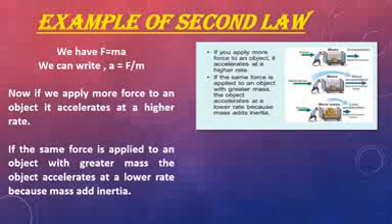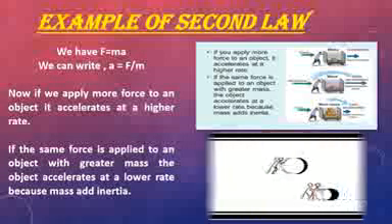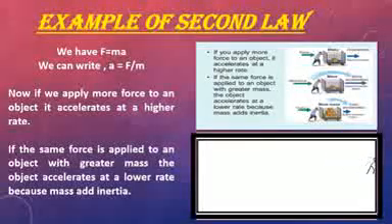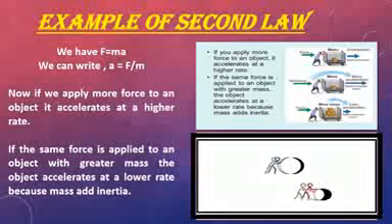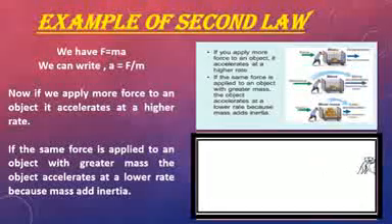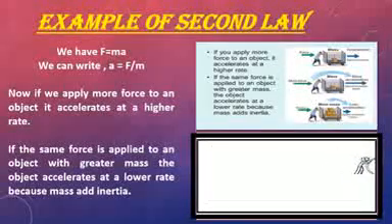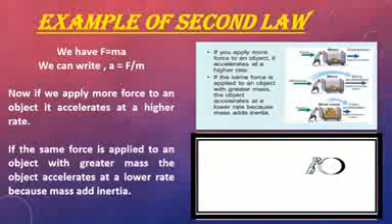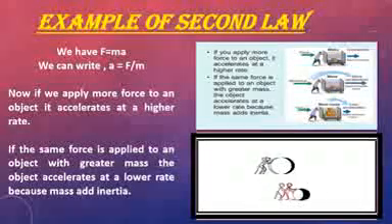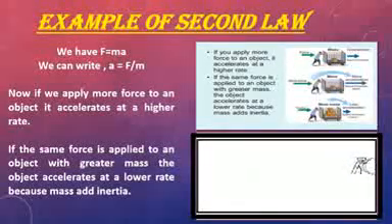If the same force is applied to an object with a greater mass, the object accelerates at a lower rate because mass adds inertia. That's why pushing a car is easier than pushing a truck. Here, the mass of the truck is greater with respect to the mass of the car.